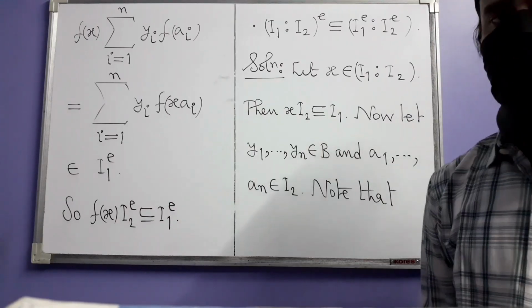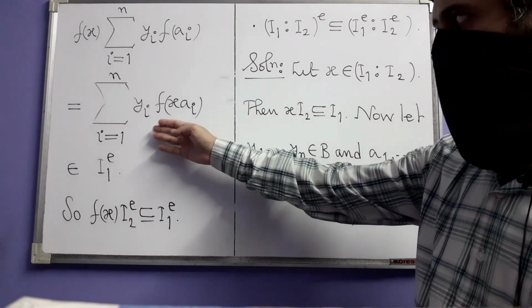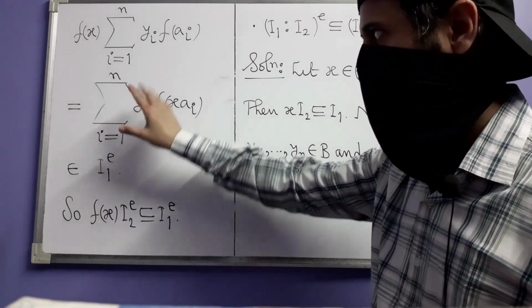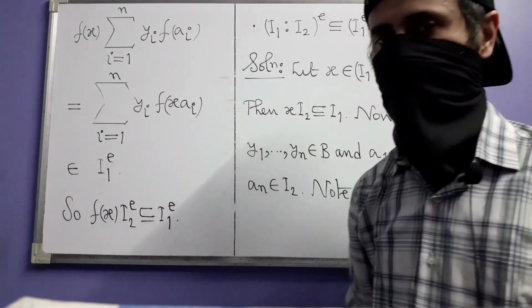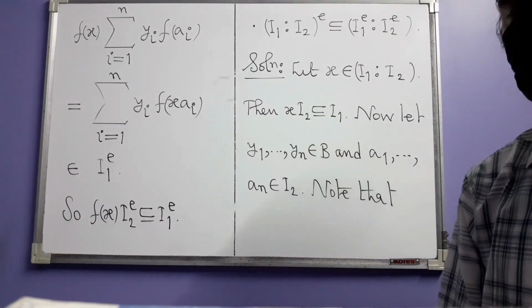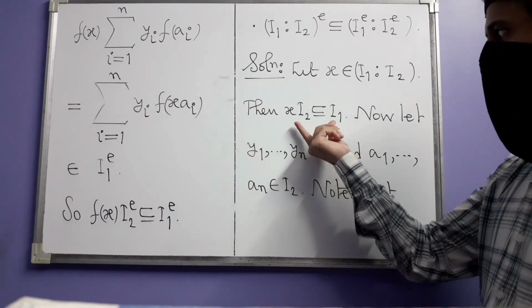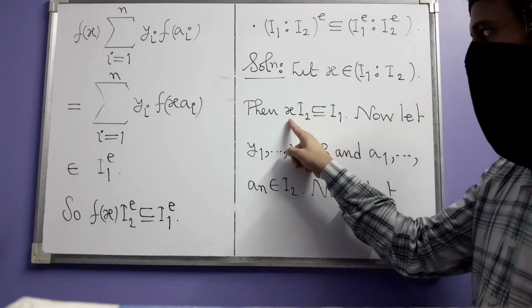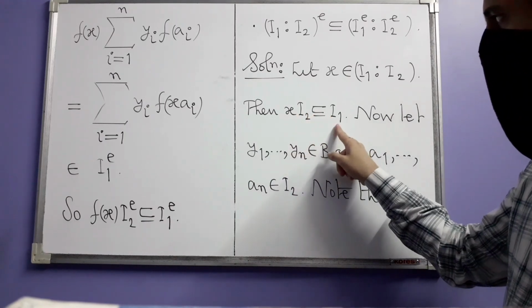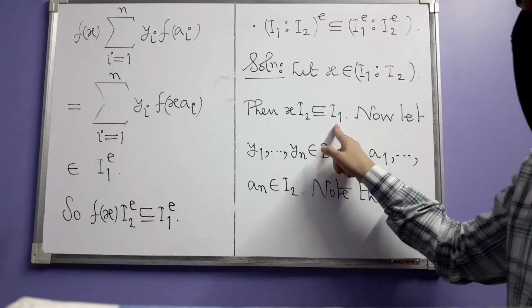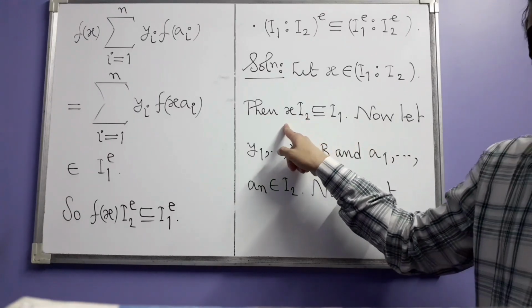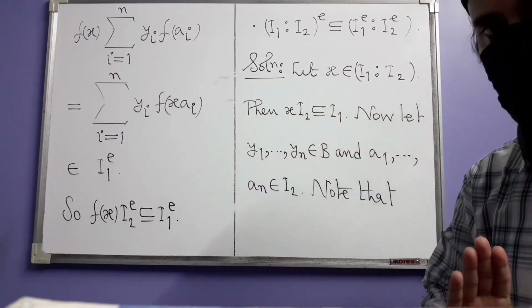Now what can you say about this term? This is what you can say about it, that it belongs to I1 extension. How? You consider this containment: x times I2 is contained in I1. So that means that if you take any element from I2, multiply that by x, that is in I1.